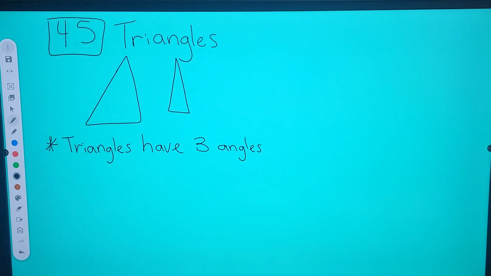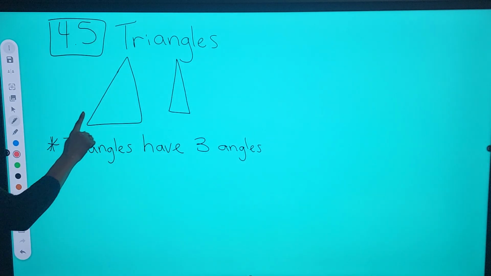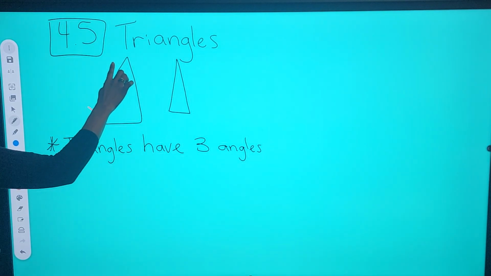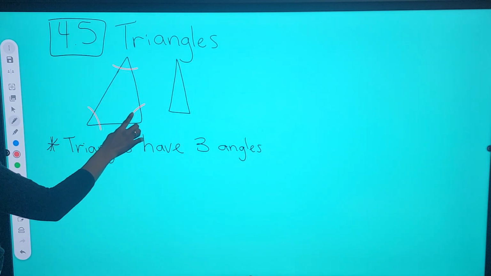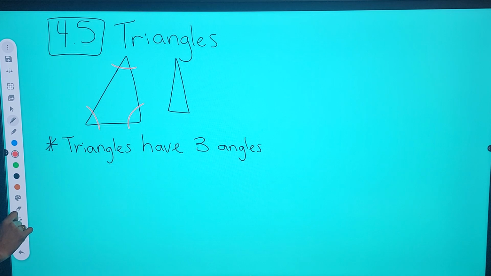And then something interesting about these angles. If we take a triangle and we were able to cut off the corners, right? If I could take these corners of our triangle and put them together, we're going to find they actually equal a total of 180 degrees.